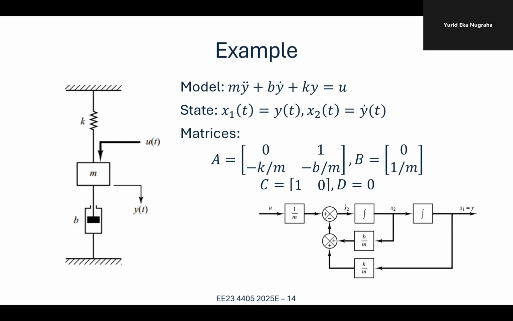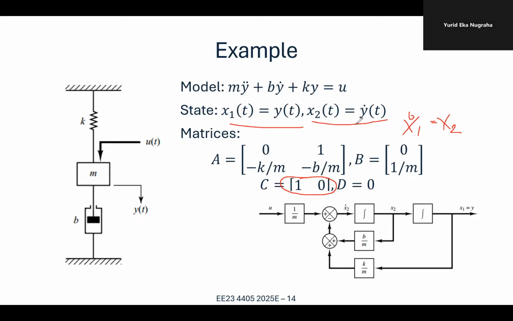And if we set that the states x1 is y and x2 is y dot, therefore x1 dot is x2. So we get this C is just 1 0 because y is x1, so it doesn't need to use x2.